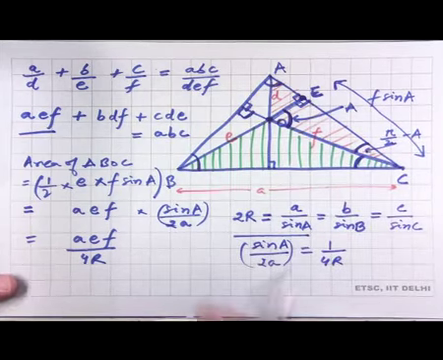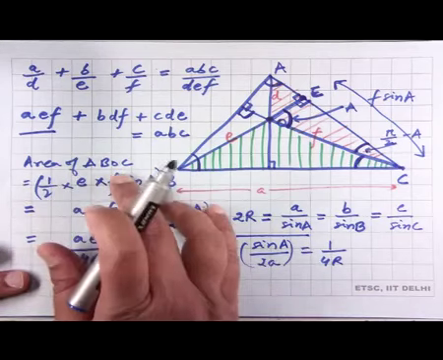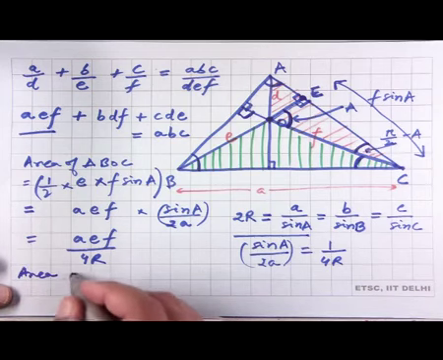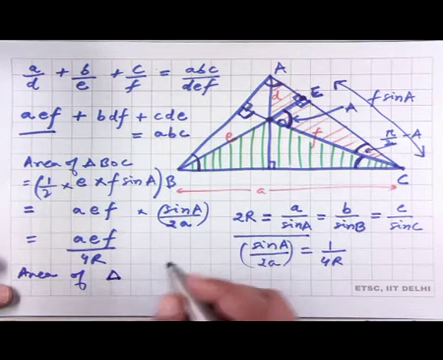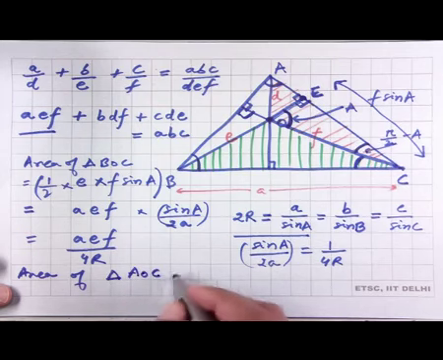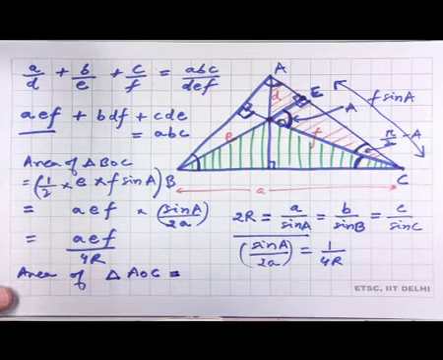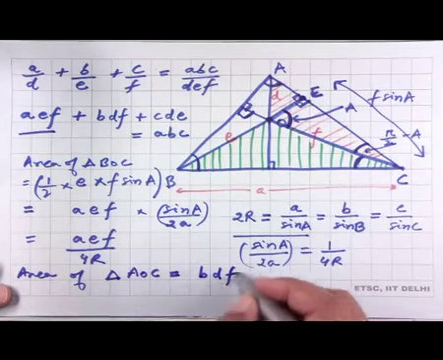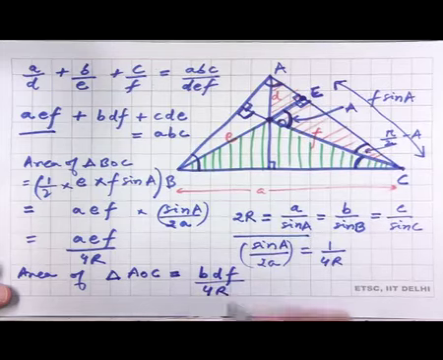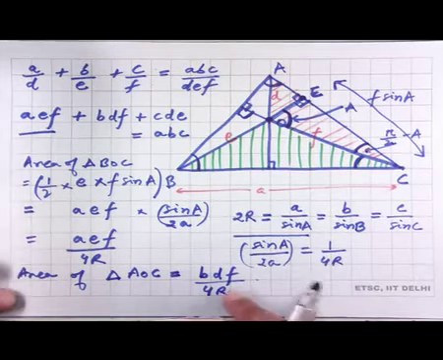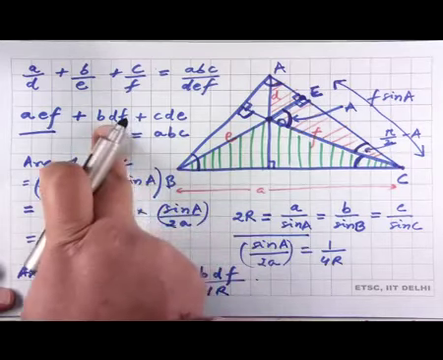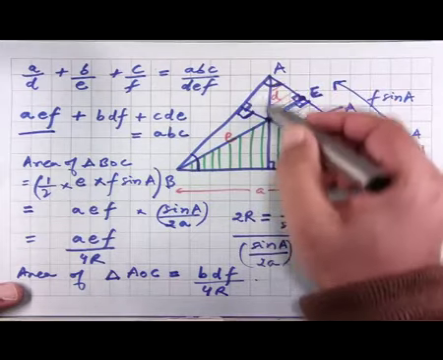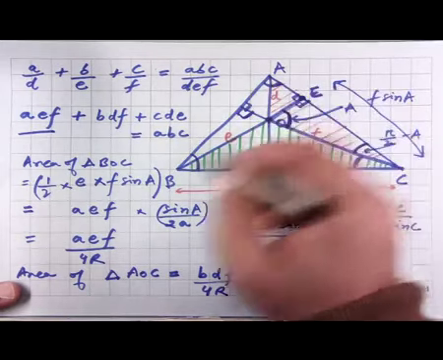Using a similar step used to derive the area of triangle BOC, it can be shown that area of triangle AOC equals BDF over 4R. So, this is basically the second term over here, and then we have this other triangle here, which is AOB.